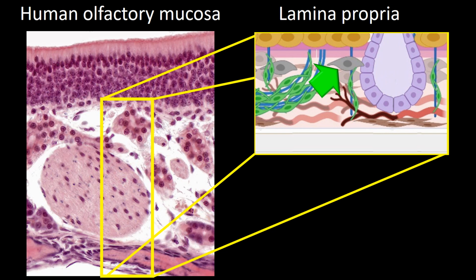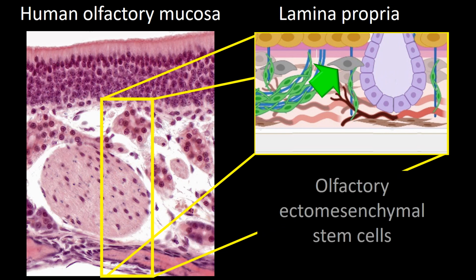The gray cells in the illustration correspond to olfactory ectomesenchymal stem cells. I am now indicating one of them in the specimen. Olfactory ectomesenchymal stem cells have the same characteristics as the basal cells. They can generate neurons as well as other olfactory epithelial cells throughout adult life.